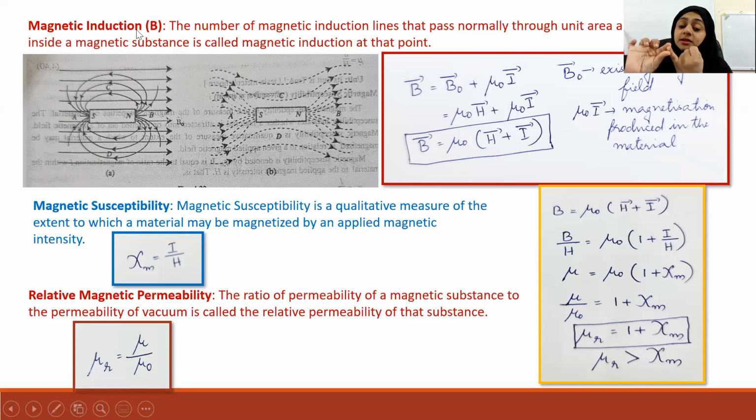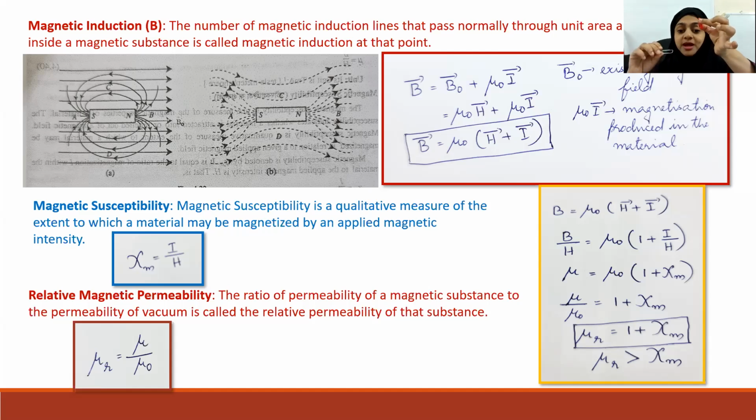Teacher, the mu naught is used when it's in vacuum, right? Yes, when it is in a vacuum. So here we're considering it's in vacuum. We are placing this magnetic material in vacuum or in air or in free space where another magnetic field exists. So here the magnetic permeability is mu naught.